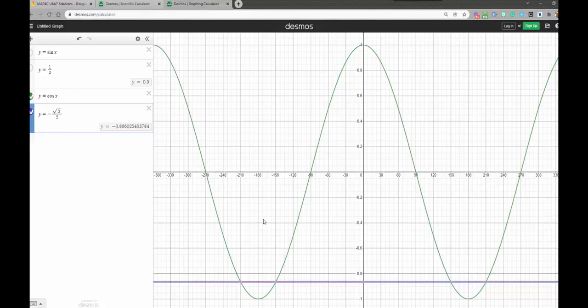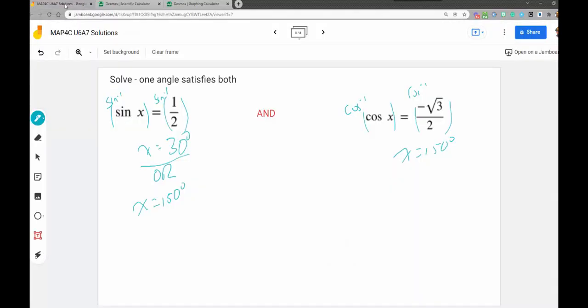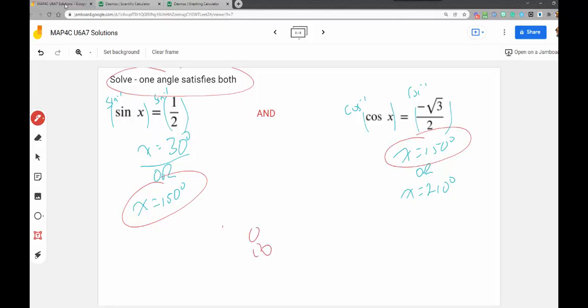And now I'm looking for, definitely the answer 150 degrees works, but there's also 210 degrees over here. So that or x equals 210 degrees. But the only one that satisfies both is 150 degrees. So I'm going to say therefore x equals 150 degrees.